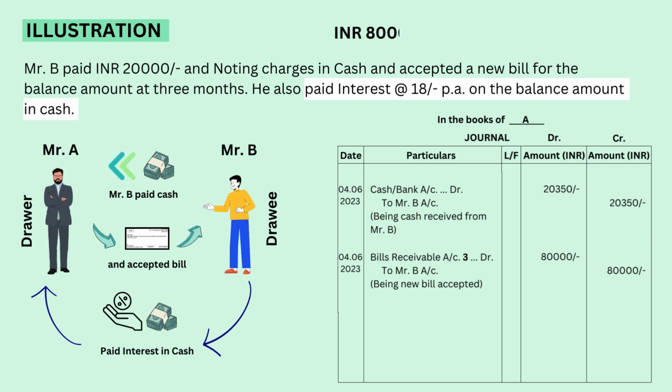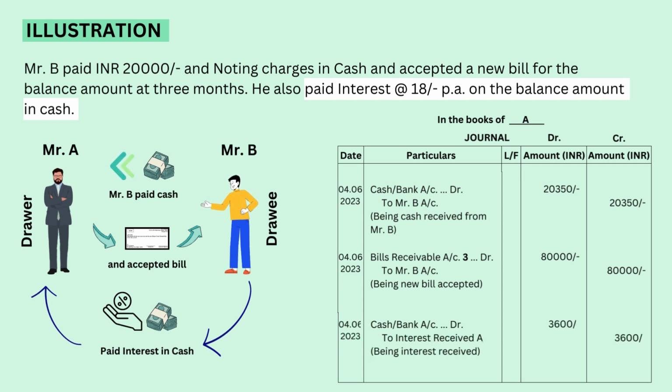That is 80,000 into 18 by 100 into 3 by 12. That is rupees 3,600. Now the entry will be cash or bank account debit rupees 3,600 to interest received account rupees 3,600.